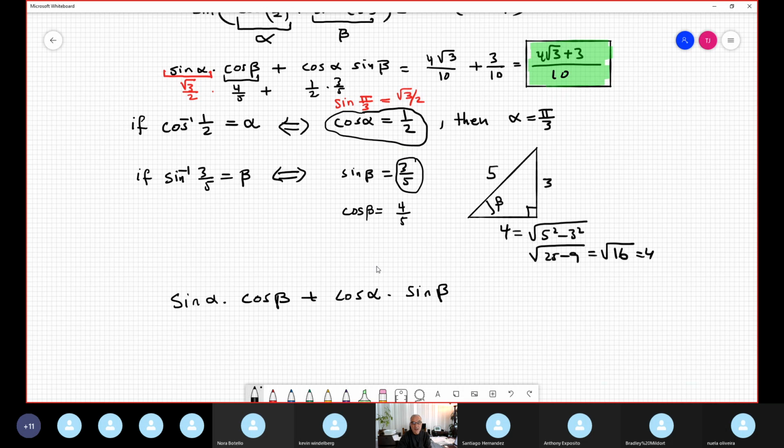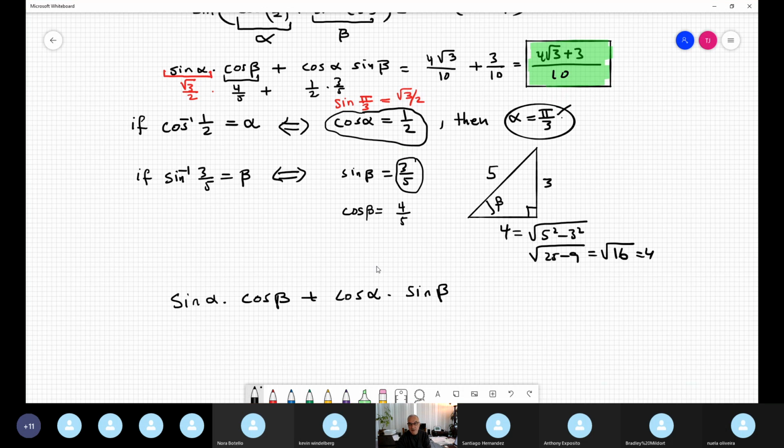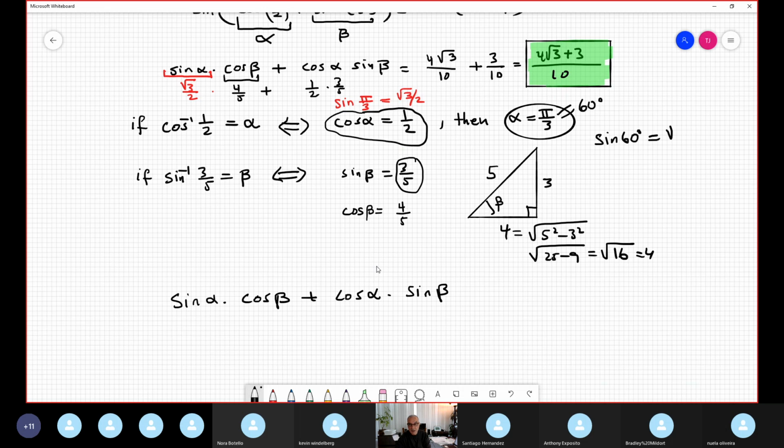Sine alpha, I know that alpha is pi over 3, that is 60 degrees. So sine 60 degrees is radical 3 over 2, and just replace. This is not sine alpha anymore, it is radical 3 over 2.